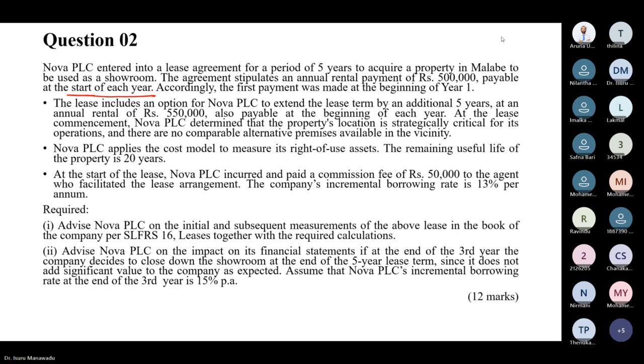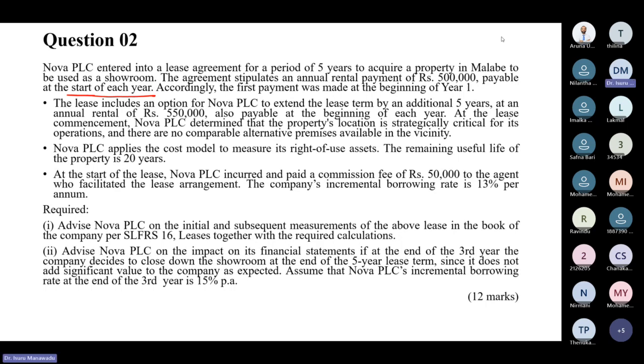Right? If the legal ownership is not transferred from lessor to lessee, then even though you have been given the useful life of the asset, we cannot use, as lessee, the entire useful life of the asset, right?